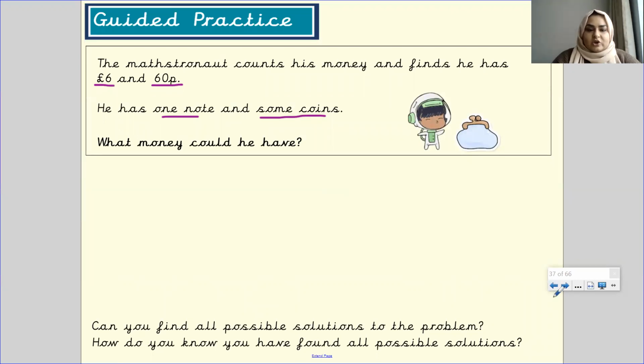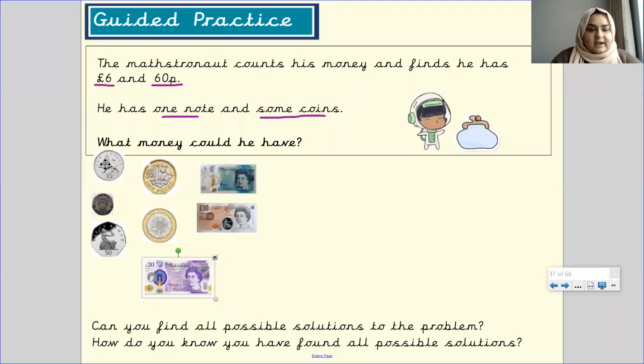Now, could you find all the possible solutions to the problem? Okay, so what I'm going to do now is show you the slide with the different types of money, and you need to work out how you would make his £6 and 60p using 1 note and some coins. Okay, if you just bear with me a second.